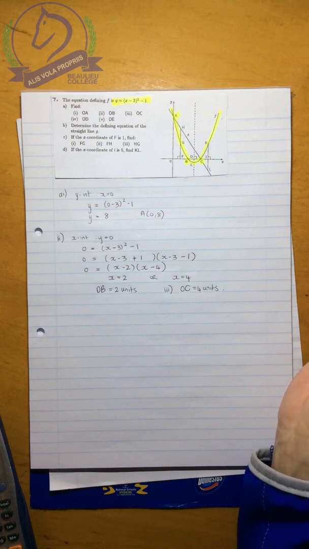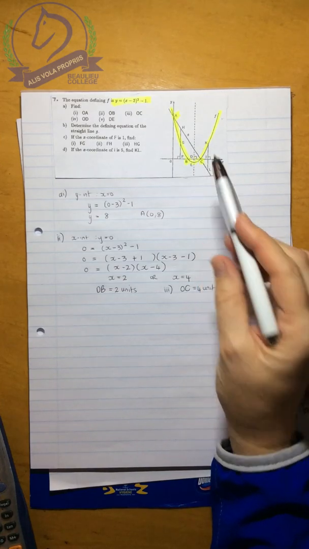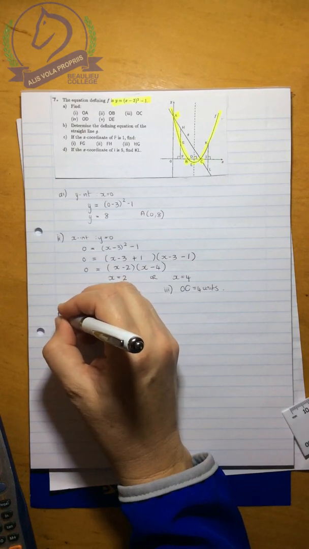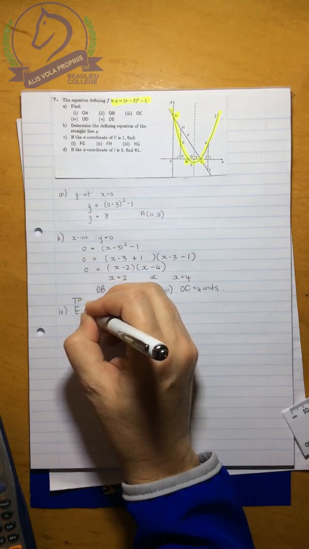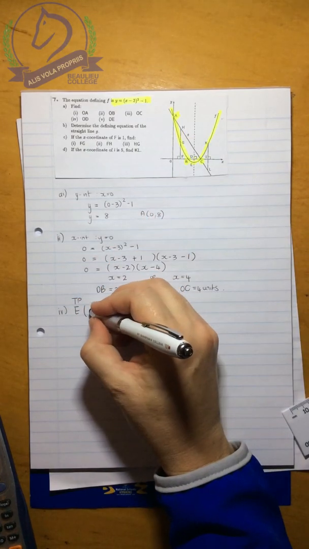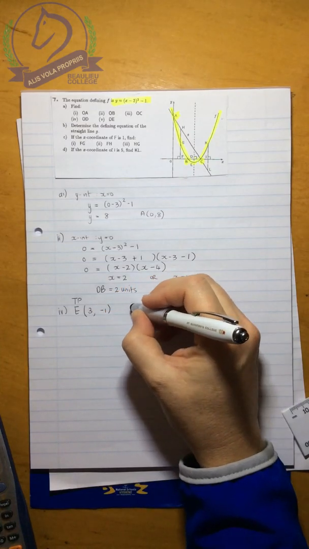Right, so determine OD. So D is in line with E. Now E is my turning point, and E I can read off the graph is 3 and negative 1.